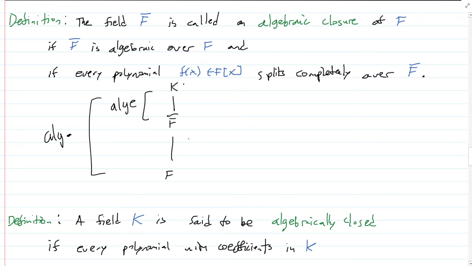So in that sense, algebraic closures are not unique, possibly, but you want the minimal element somehow of this chain.